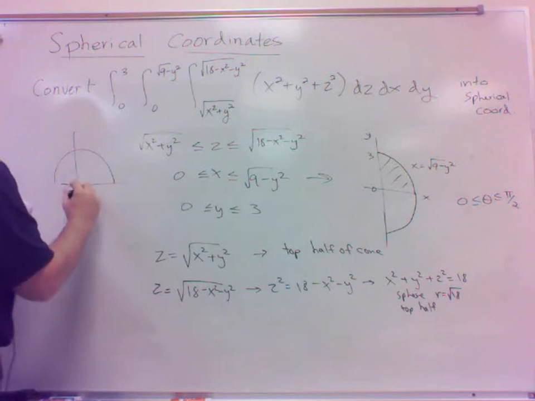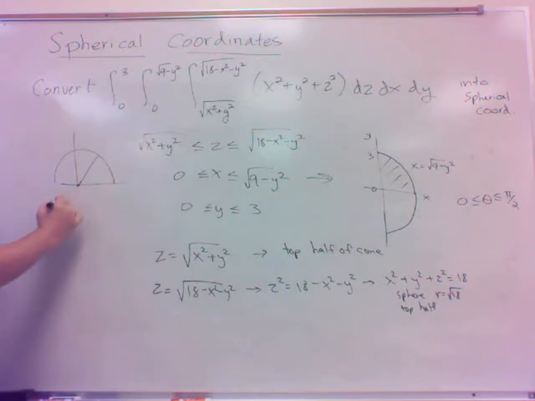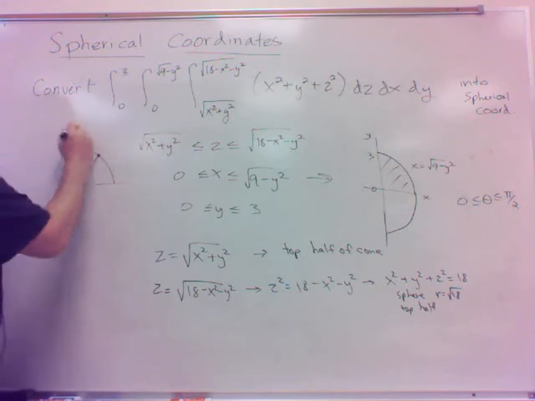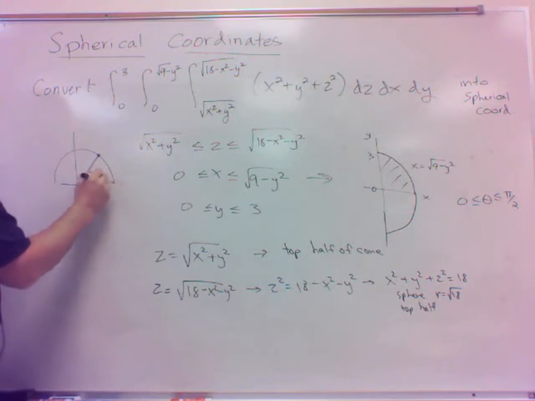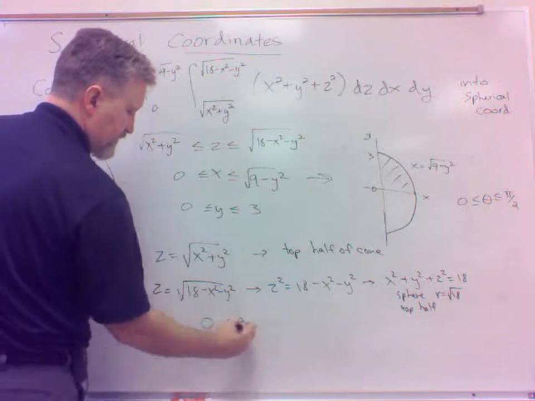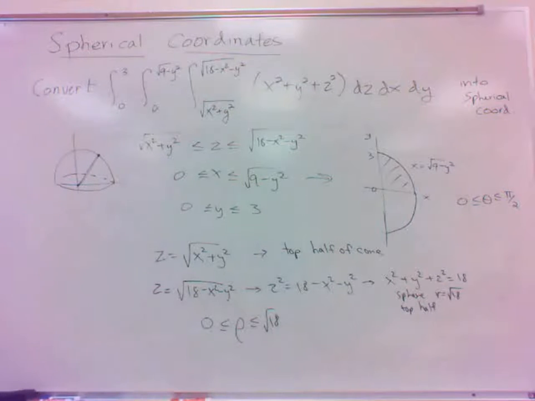And so rho is going from, my cone is in here, so I'm going to start at 0 and then go out to the sphere there. So that would tell me rho is between 0 and square root of 18, or square root of 3 times the square root of 2. All right.